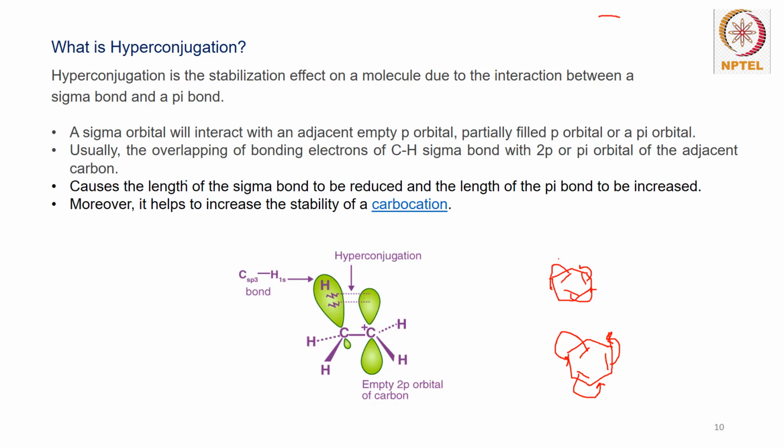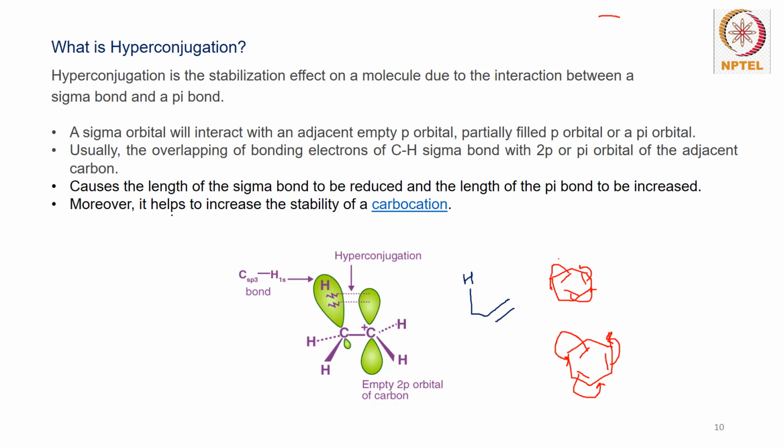It causes the length of the sigma bond to be reduced and the length of the pi bond to be increased. Due to this conjugation, the length of this sigma bond gets reduced, and in this type of system, which I will show later, the pi bond length gets increased and the sigma bond length gets reduced.